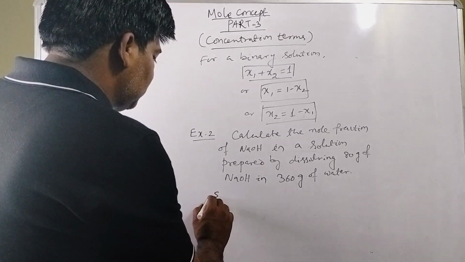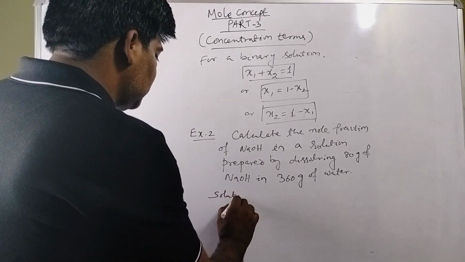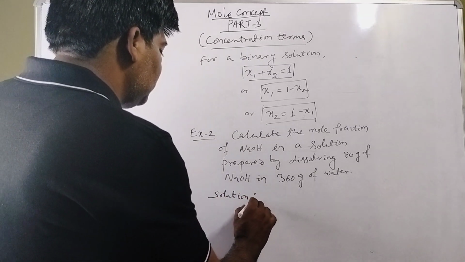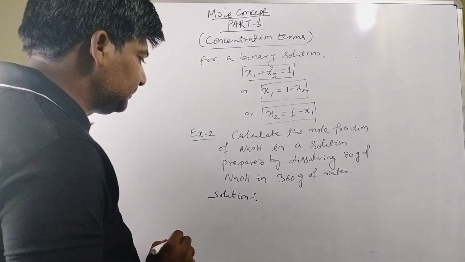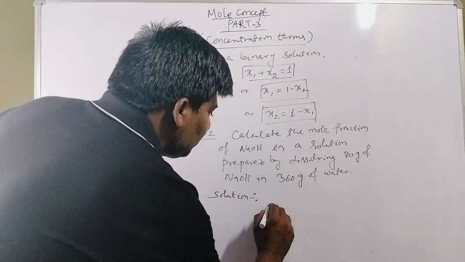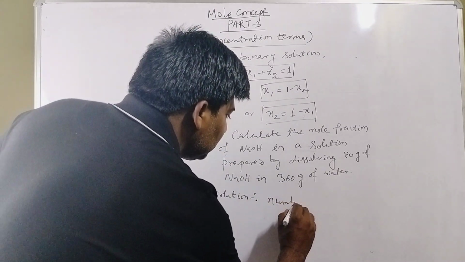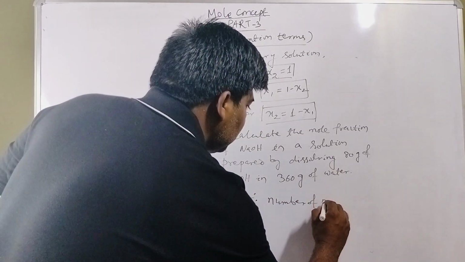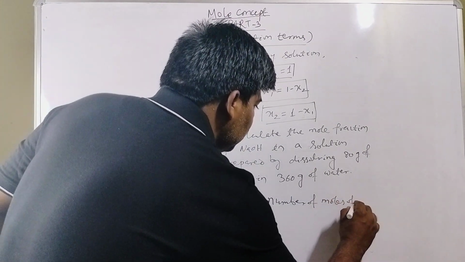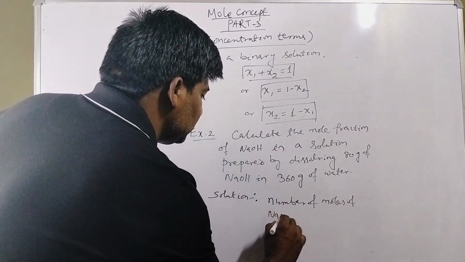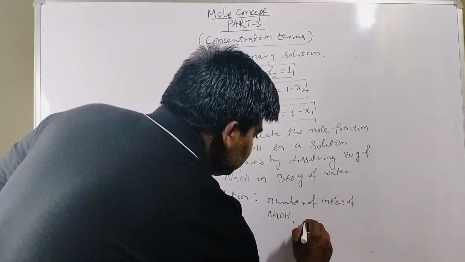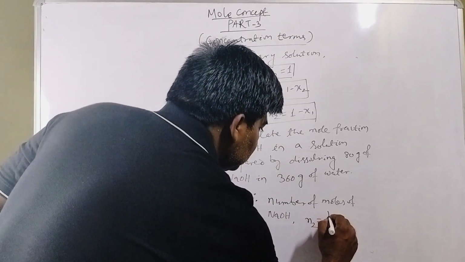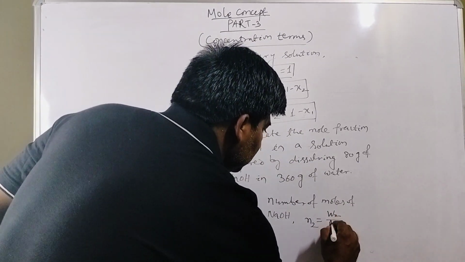So first we have to calculate the number of moles of sodium hydroxide and the number of moles of water. So number of moles of sodium hydroxide, here solute, so we take n2 is equal to W2 by M2.